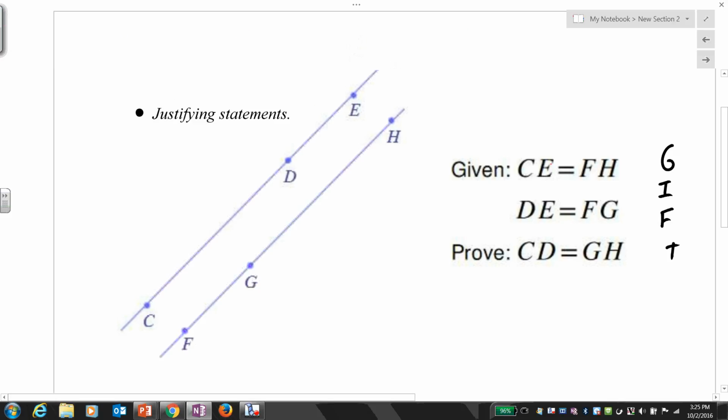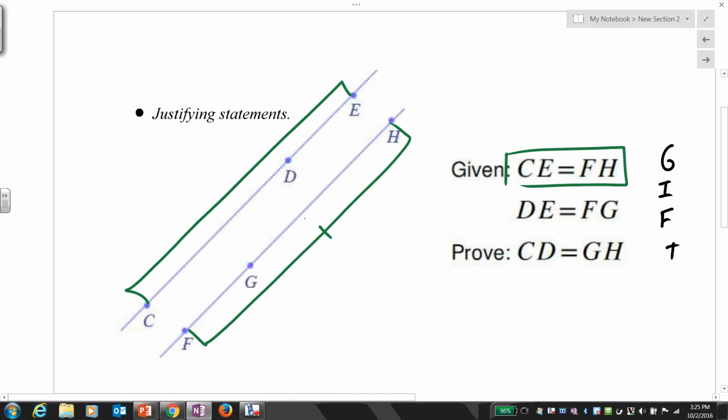Let's walk through our given. It is given that segment CE and FH are congruent. We also know that DE and FG are congruent.